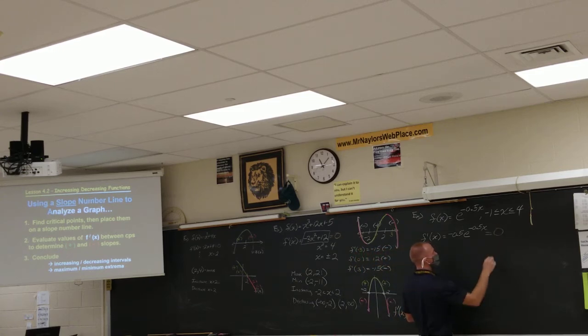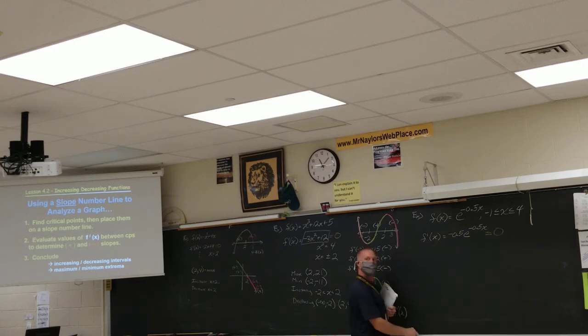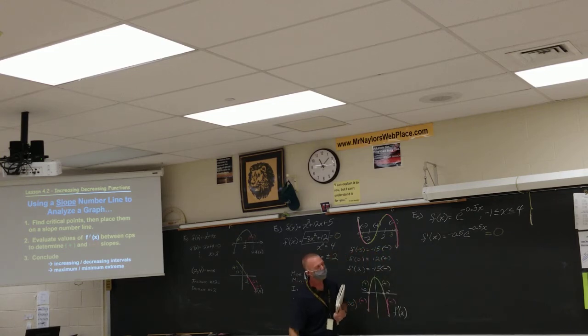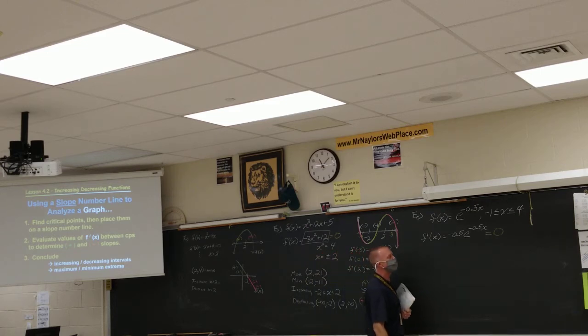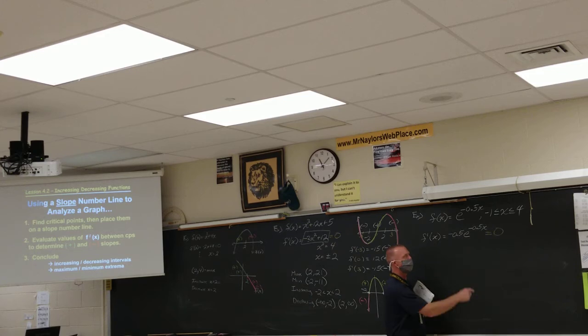You're supposed to set this equal to 0. So like a good little boy or girl, we'll set it equal to 0 and try to solve this. Now, you could use a calculator, but just think a little bit about the algebra. Divide by -1/2. Oh, it just divides away.